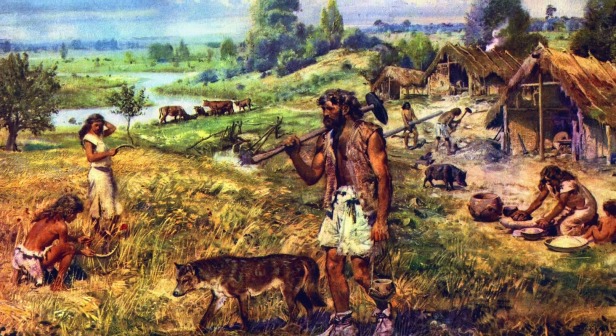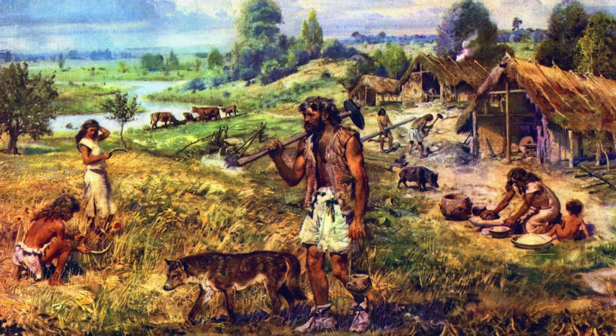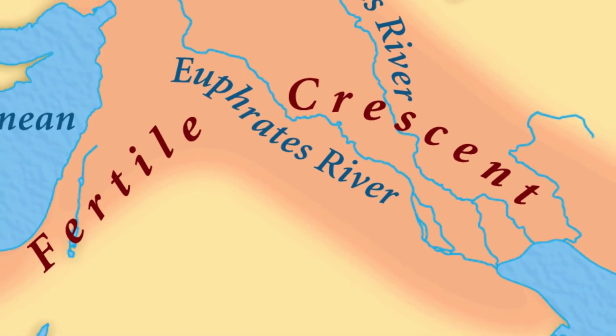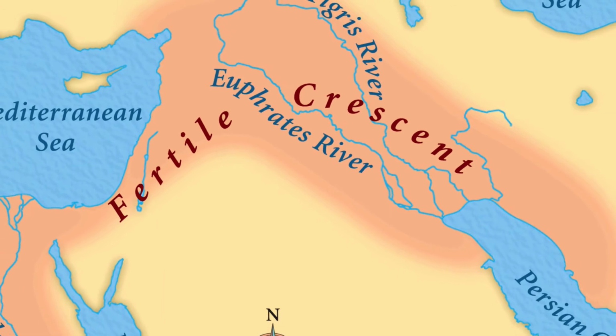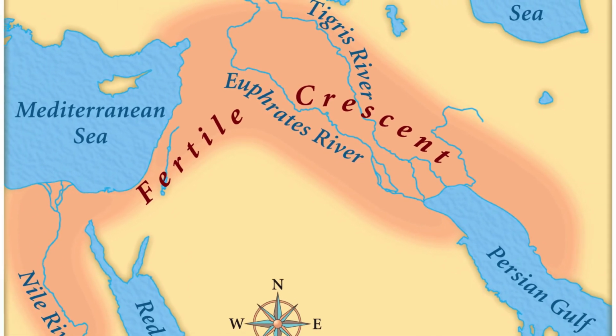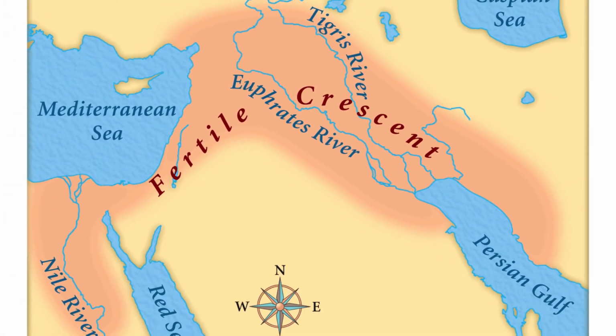Neolithic begins, a good round figure, about 10,000 years ago in what we call the Fertile Crescent, that land between the rivers, the Tigris and the Euphrates, in modern-day Iraq and southern Turkey, Syria, Palestine, the Nile River Valley.